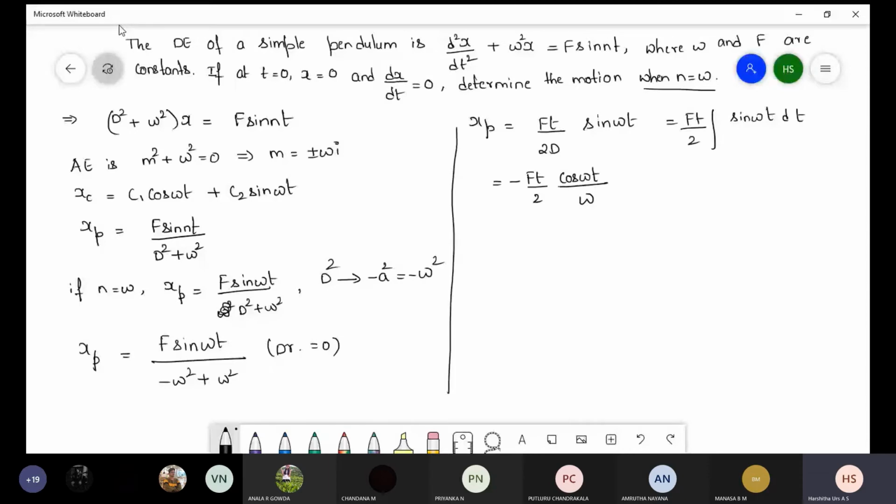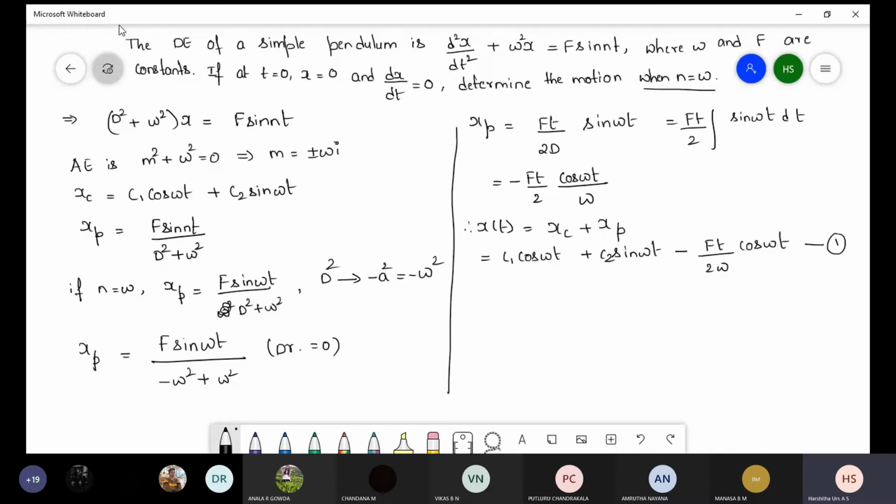Therefore the general solution x(t) is xc + xp. So xc means c1 cos wt + c2 sin wt, and xp is minus ft divided by 2w cos wt. Call this equation 1.